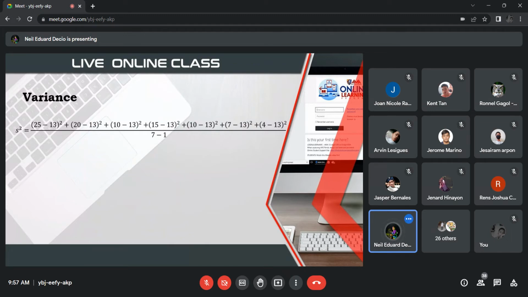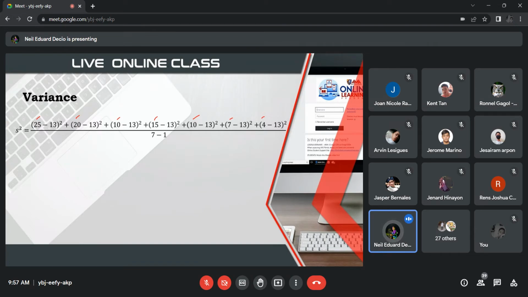So in here, this is the exact translation of the formula. All of these are Mr. John's incomes: $25, 20, 10, 15, 10, 7, and $4, right? All of the values are subtracted by 13, and 13 here is our mean.